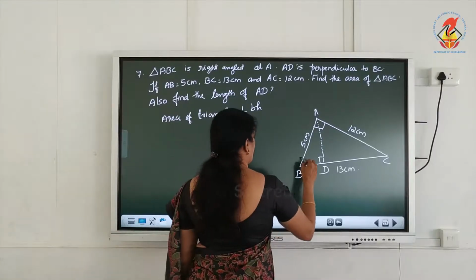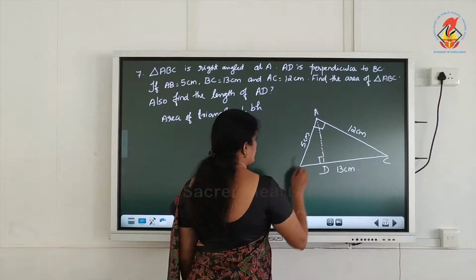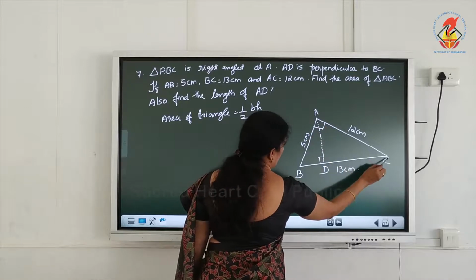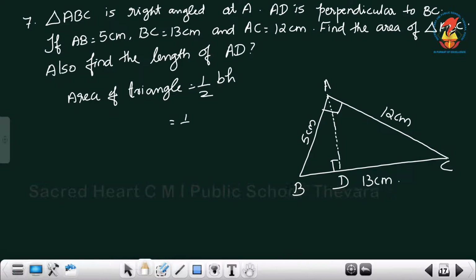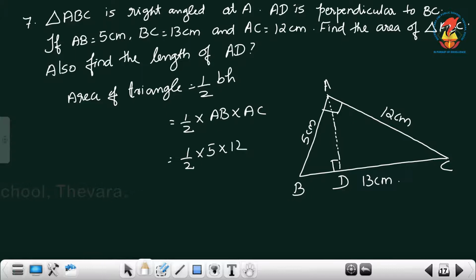Here you consider AB as a base, and AC as the height. So 1 by 2 into AB into AC equals 1 by 2 into 5 into 12. 2 and 12 you can cancel, 6 times 5 is 30 centimeter square. Area equal to 30 centimeter square.